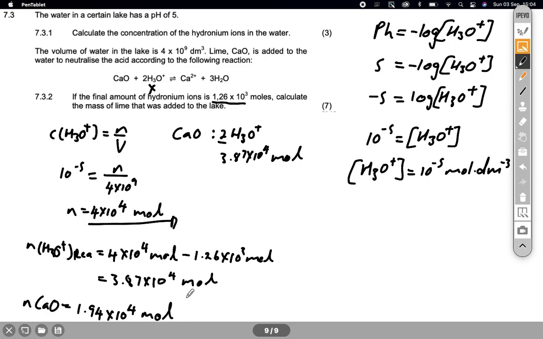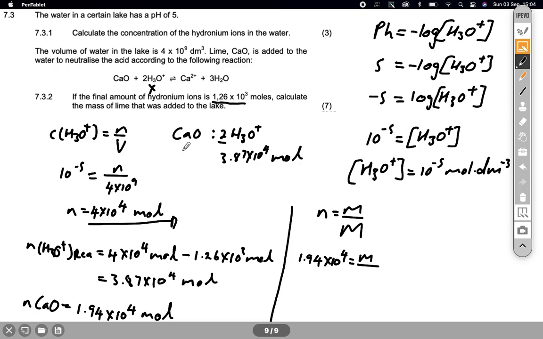Okay, now you have your number of moles. This means that you can get your mass by going to n is equal to small m over capital M. So you have your number of moles, and you do not know what small m is. You can find capital M from the periodic table.